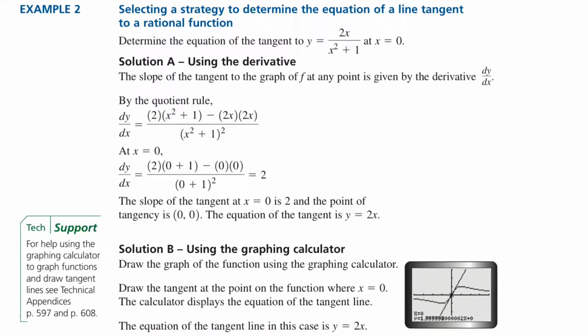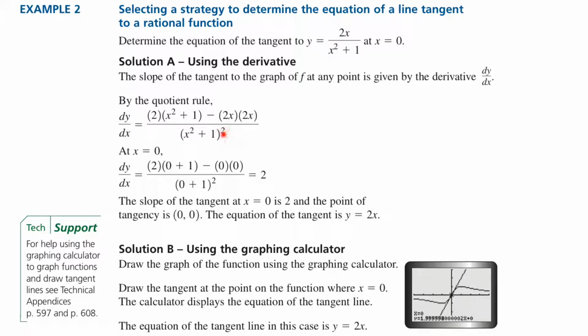Next question, example 2. Determine the equation of the tangent line to the graph of y equals 2x over x squared plus 1 at x equals 0. The derivative of this function is 2 times x squared plus 1 minus 2x times 2x, the derivative of the denominator times the numerator itself, divided by x squared plus 1 to the power of 2.